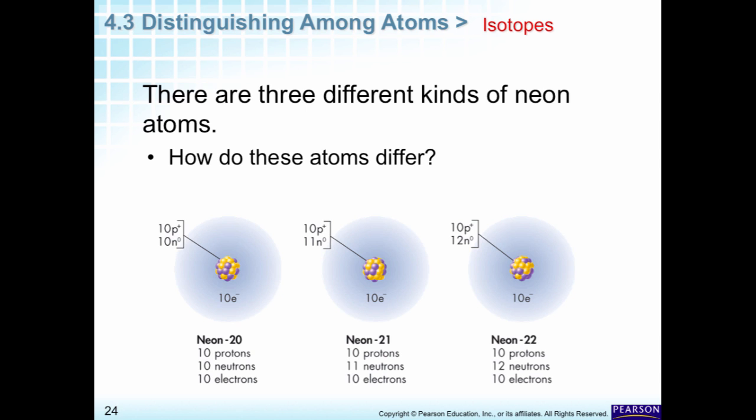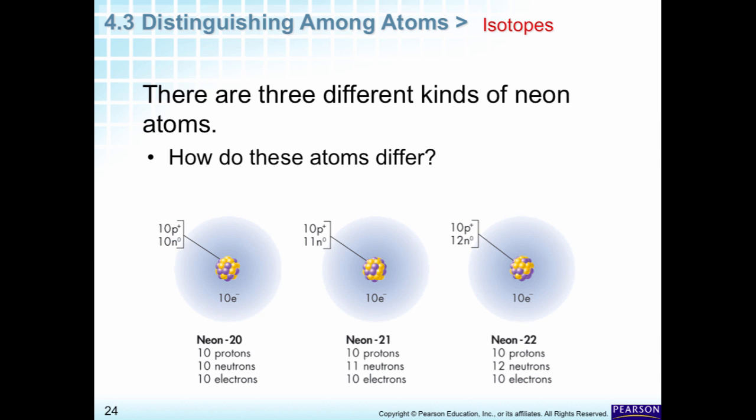Okay, here's neon. Neon has 3 isotopes. So I said the protons and electrons should be the same. Do you see that as true for each of the isotopes? Yes. Notice I have neon 20, 21, 22. That refers to mass numbers, the 20, 21, 22. Since the protons aren't changing, the only thing that can be changing is the neutrons.